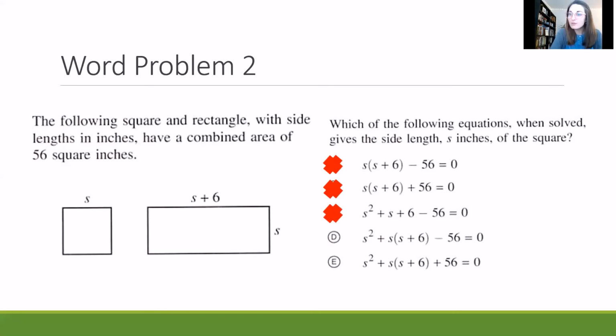Well, if we had a positive 56 as our answer, we want to do minus 56 on both sides. So that means that our positive 56 would go to 0, equals 0, and that we would ultimately have a minus 56 with our S squared plus S times S plus 6.